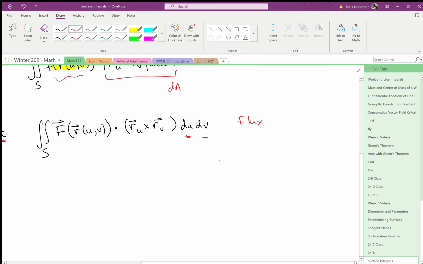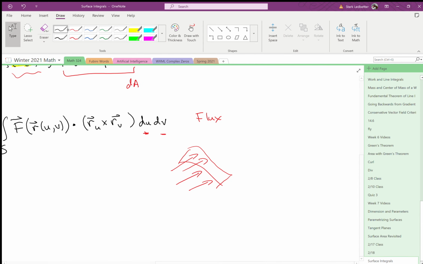And this is like, you have some surface here, and you're going to have water flowing through the surface. And maybe it's flowing faster in some places than others, and you want to calculate the total amount that's flowing through. So that's one example of flux.